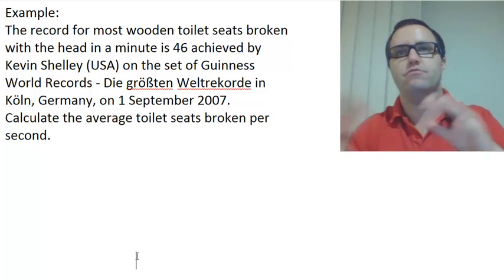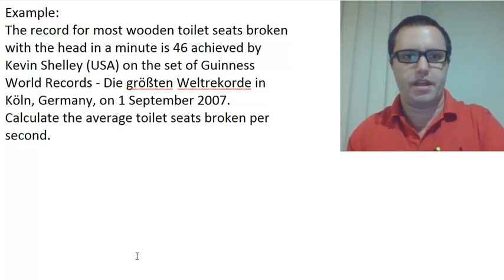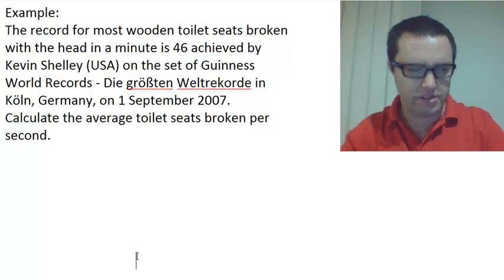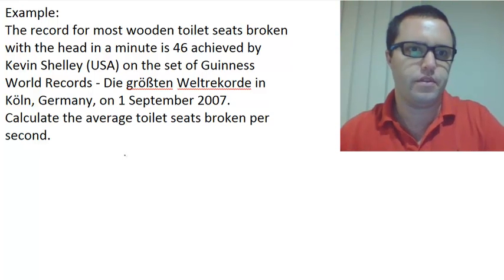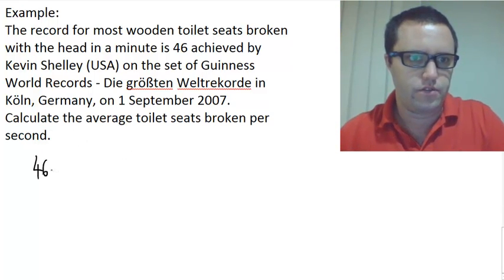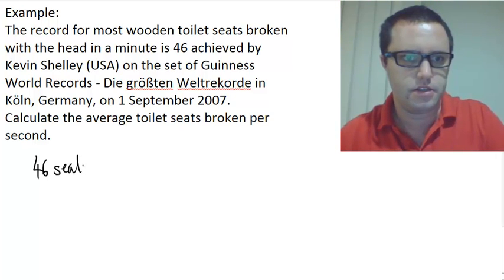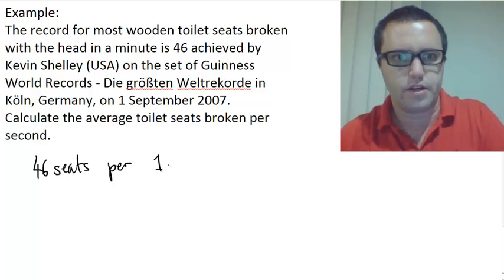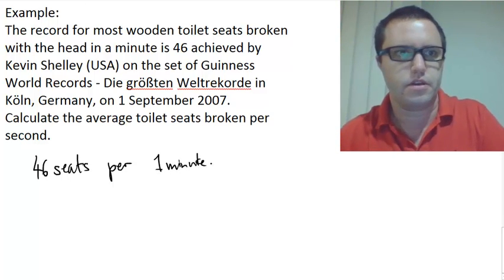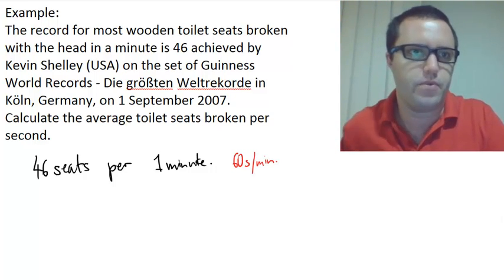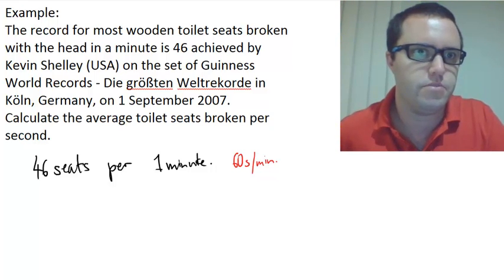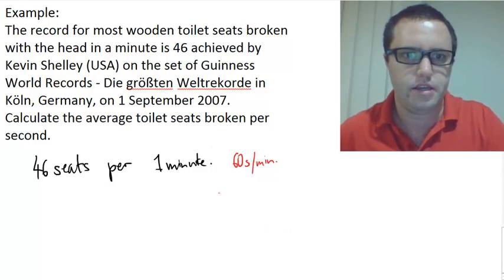So here we're going from a rate that we know, 46 per minute. Now we want an average of toilet seats broken per second. So 46 seats per 1 minute, and we have 60 seconds per minute, so we need to multiply both sides by 60.